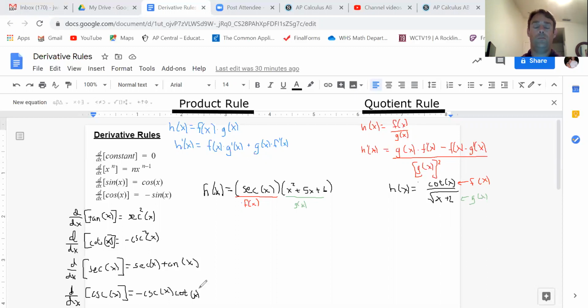So, derivative time. Put out all my parentheses here, so I will have a bunch. All right, first, so that's secant x. Times the derivative of the second, so 2x plus 5.